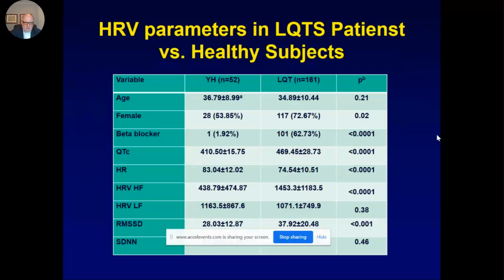And as you see over here, we have a few heart rate variability parameters, and HF, again, like was alluded to by the group from Japan 20 some years ago, seems to be higher in these people.